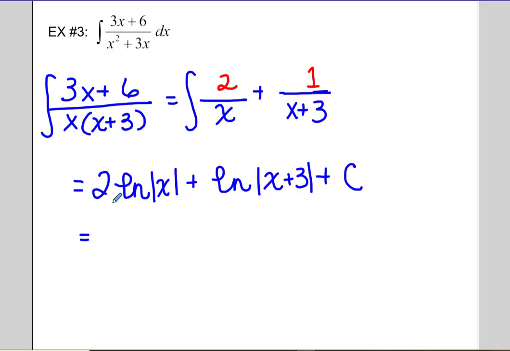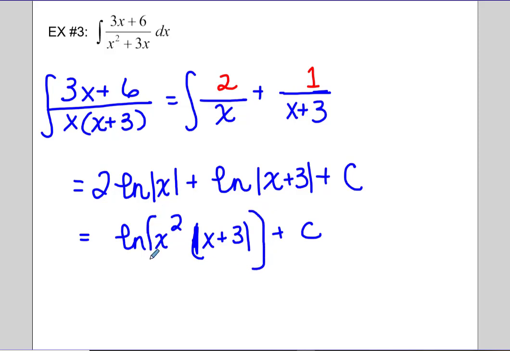And the log, the sum of two logs, is the product, that should be absolute value, plus c. So the product, make this look a little prettier, that should be x squared, absolute value, x plus 3. So we're multiplying that together and combining those logs.